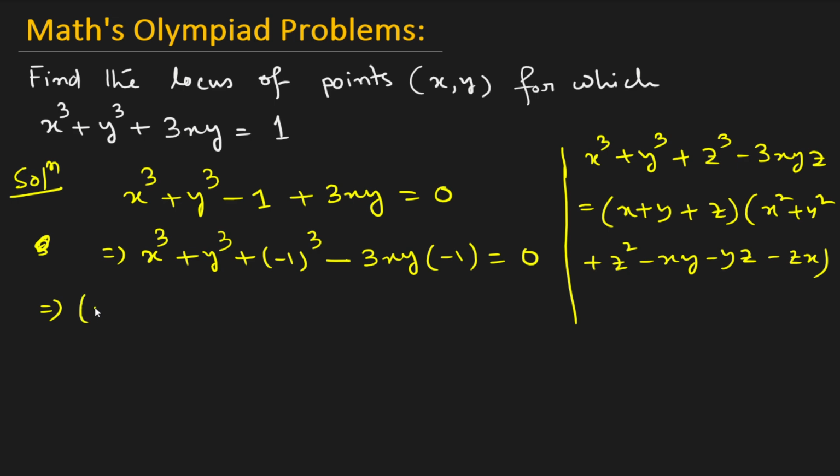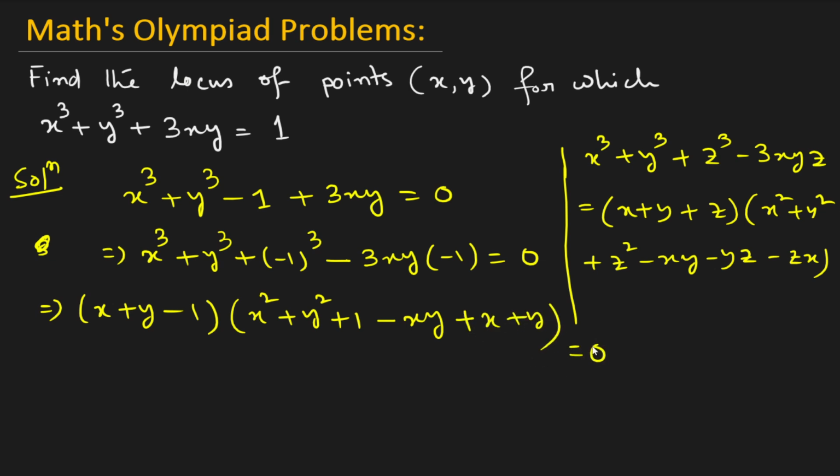So in our case it will be x plus y, then z is minus 1, then x square plus y square plus z square, z is minus 1, so it will become 1, then minus xy, minus yz, means y into minus 1, and then minus zx, x into minus 1, so minus minus will become plus, is equal to how much? 0.